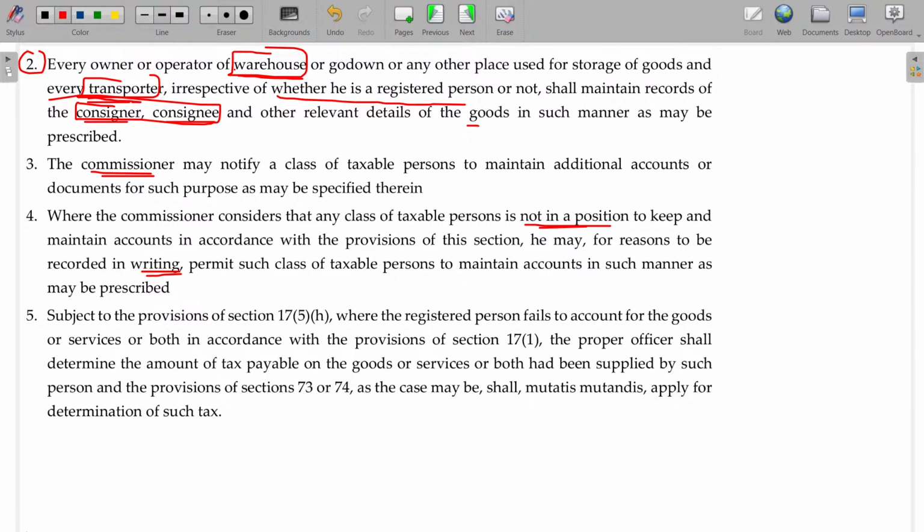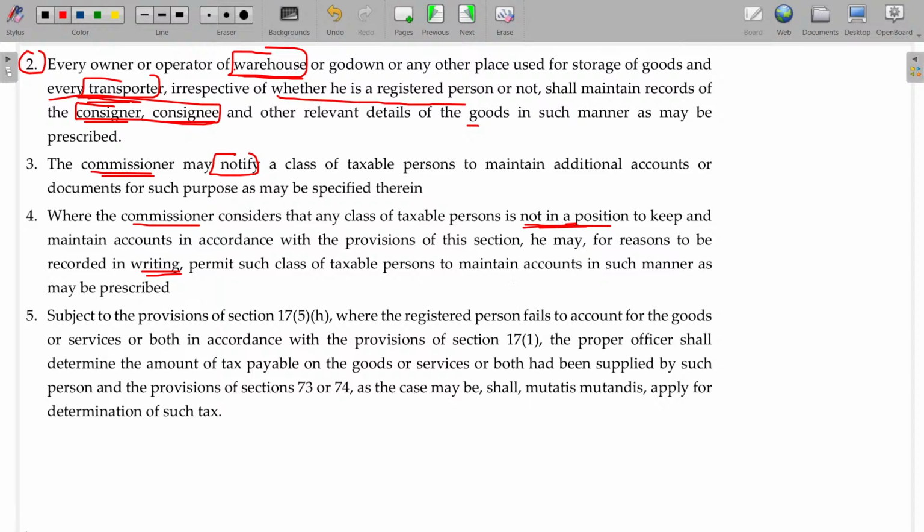Sir, I am not able to maintain these documents, sir. Okay. If he gets the permission from the commissioner, he can do accordingly. So, commissioner may notify class of taxable persons to maintain additional accounts. Commissioner may consider not to keep the records.